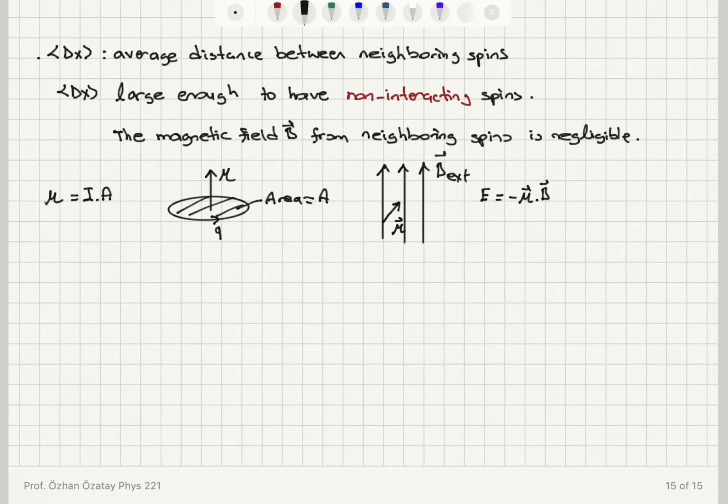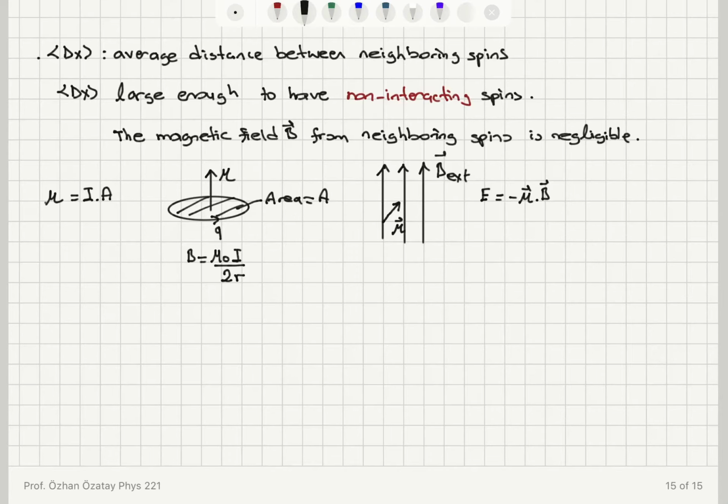If you remember, the magnetic field due to a current was given by mu 0 I divided by 2R, where R is the distance from the center of the loop.